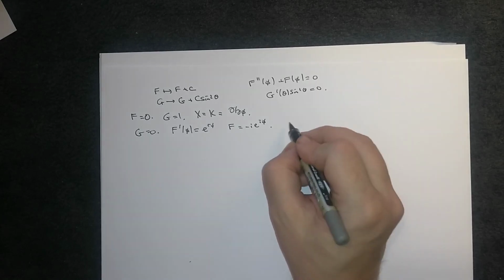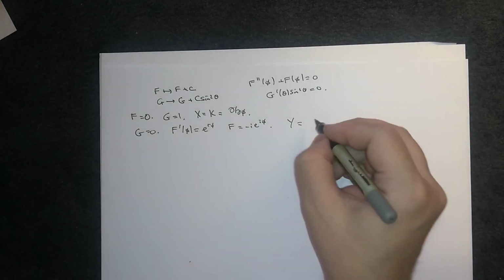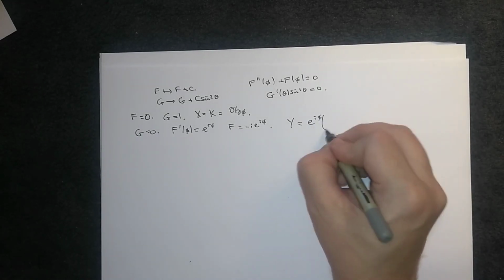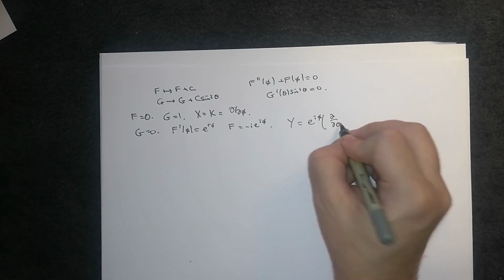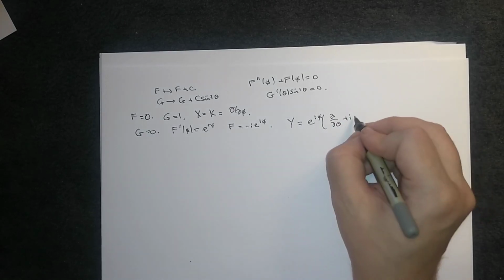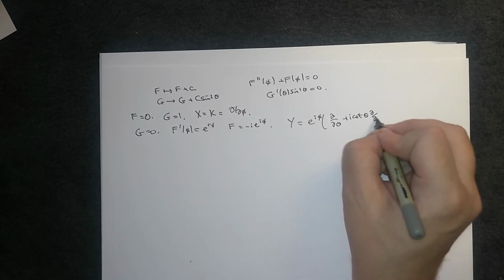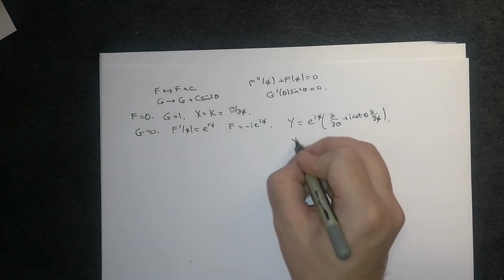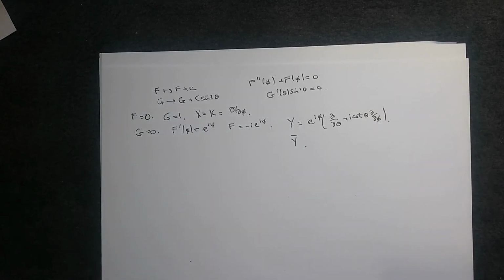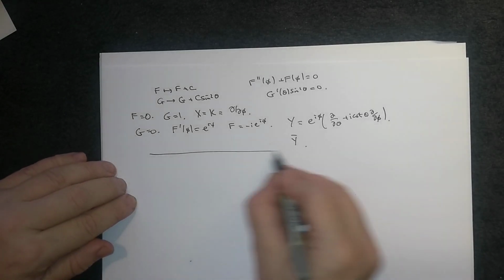So that gives me Killing vector e to the i phi d by d theta plus i cot theta d by d phi. And you also have y bar as another independent solution. Now I could take linear combinations to get real solutions, but actually I'm perfectly happy having complex Killing vectors in this case.